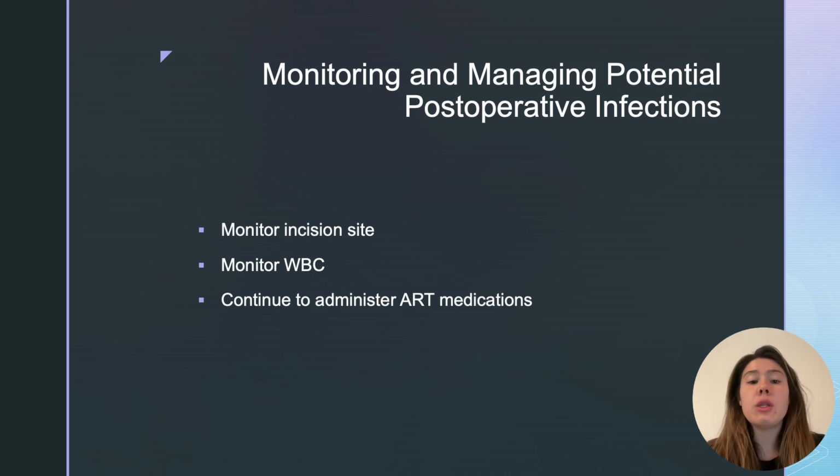We also want to continue to administer his ART medications because we want to make sure that the virus is undetectable and doesn't affect the healing process as well. We also would want to ambulate him and continue to get his blood flowing.